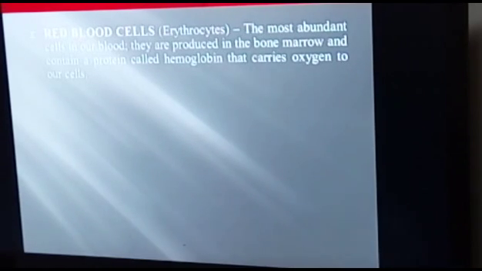And they contain a protein called hemoglobin that carries oxygen around our body to all our cells. And it also transports waste products, mostly carbon dioxide, out of our cells back to the lungs to be breathed out.